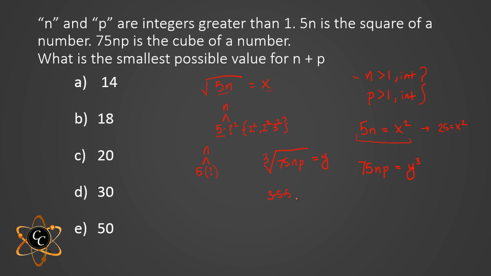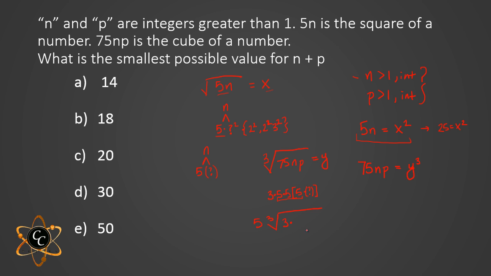Well, now what about n? n contains at least a 5 and may or may not contain something else. So when we consider this, we know that we have at least three 5s inside of this expression, meaning that the 5 can come out.